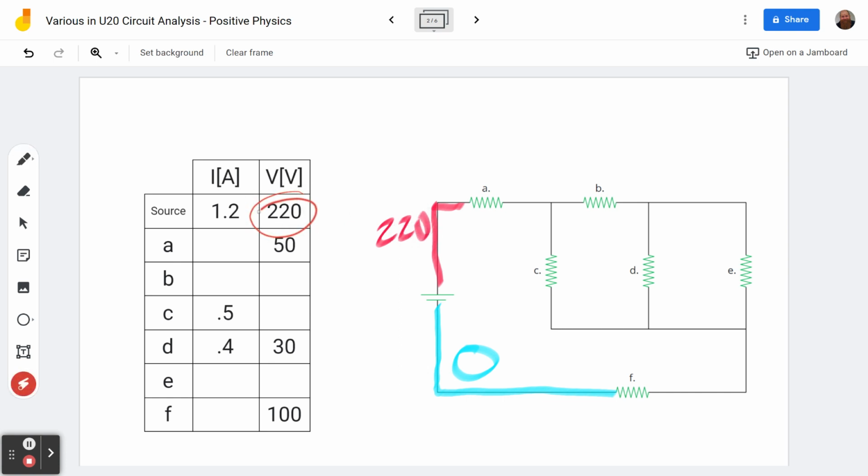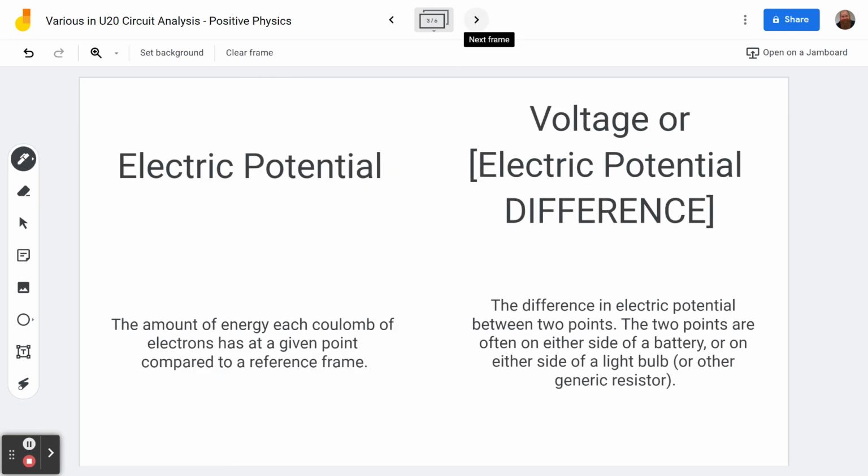Now remember, this voltage here is electric potential difference. That means that going from one side of the battery to the other, you're going to change by 220, or there's a difference of 220 volts. Let's look really quickly at that definition in case you've been confused by it.